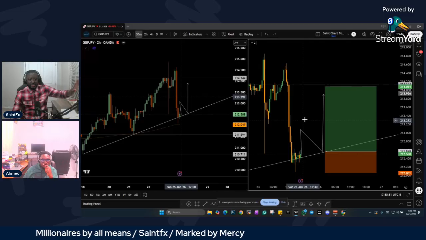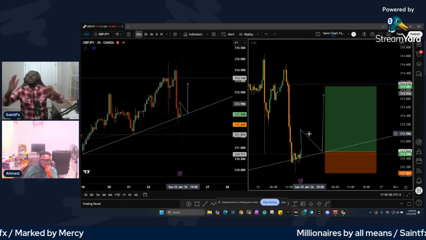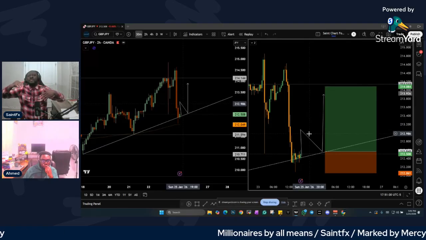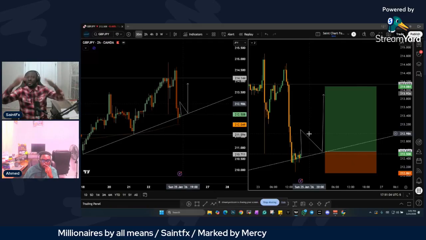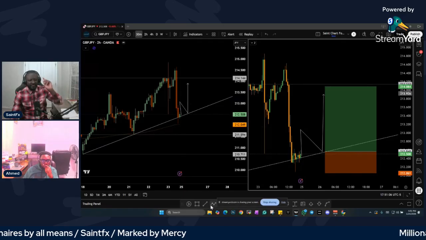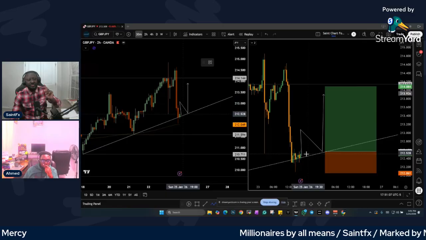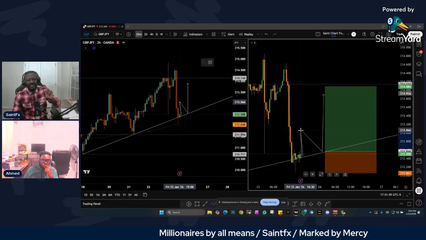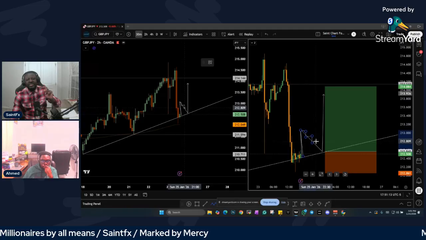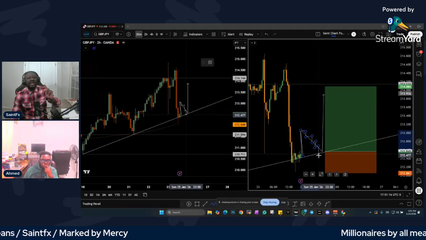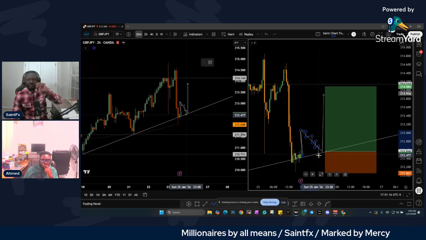Now, when the market comes here, I will look closely at how the candle reacts. If the candle starts to push big like this, and from here it starts to do like this, that means weak.